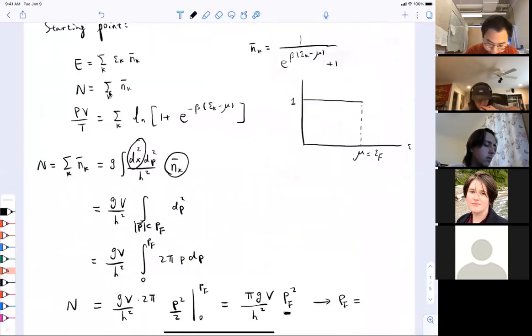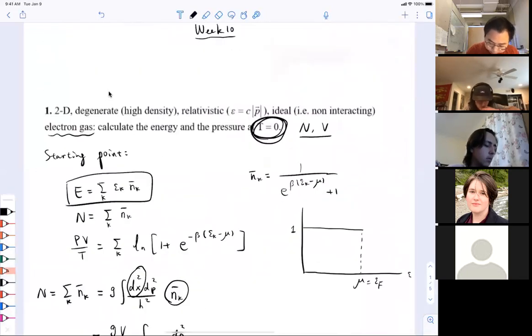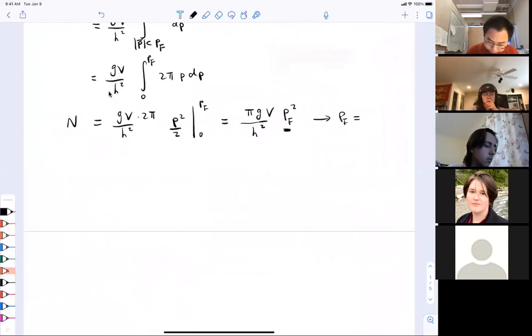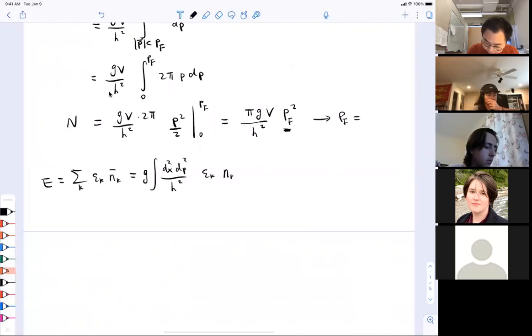Okay, let's look at total energy. This energy is what we need to calculate, right? Energy is given by a similar expression. G is a degeneracy, dx squared, dp squared, and epsilon k.